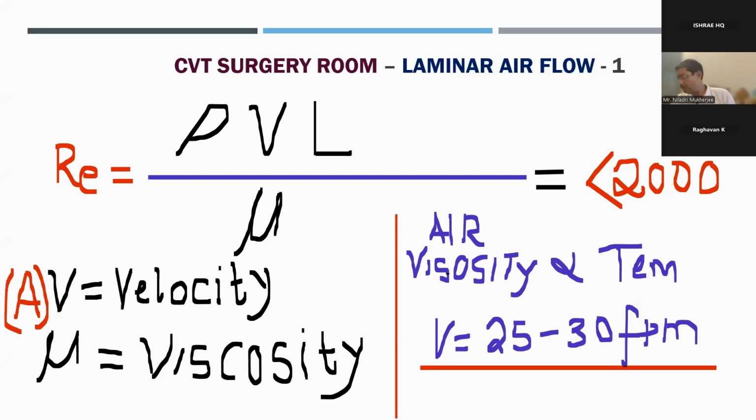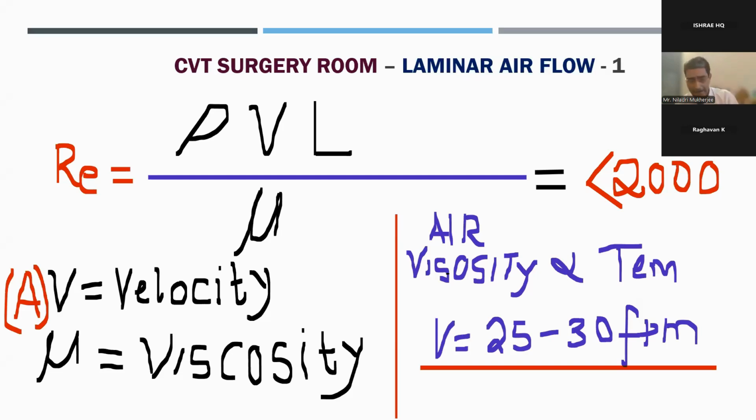Now, the major tricky thing is that viscosity, which is a dynamic viscosity, varies with temperature, but in different ways. When it's a fluid, it is inversely variable. When it's a gas, it is directly proportional.